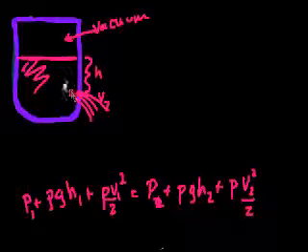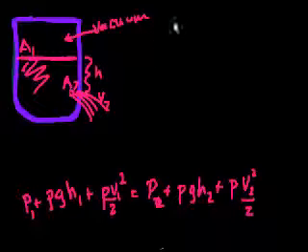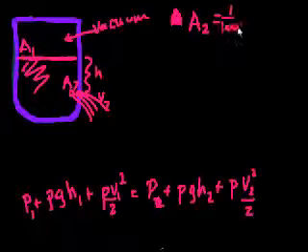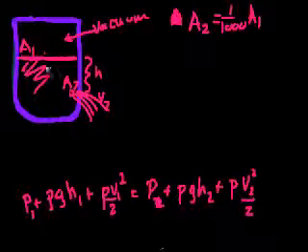Let's call the area of that hole A2, and let's say that the surface area of the water is A1. Let's say that A2 is equal to 1/1000th of A1. So this is a small hole relative to the surface area of this cup.